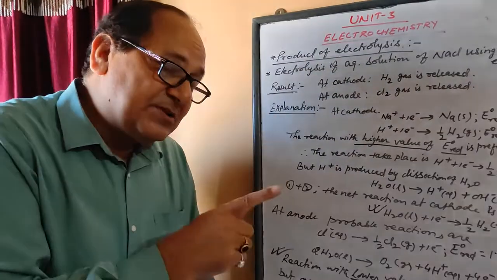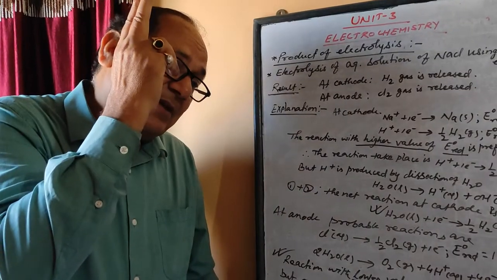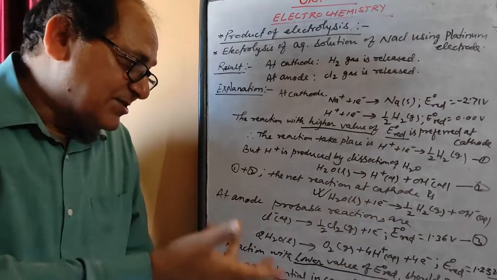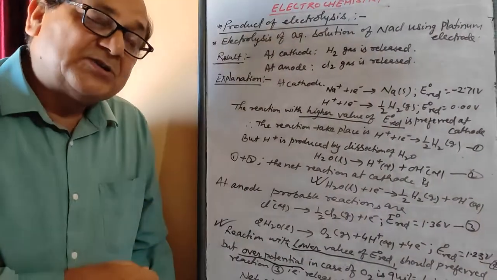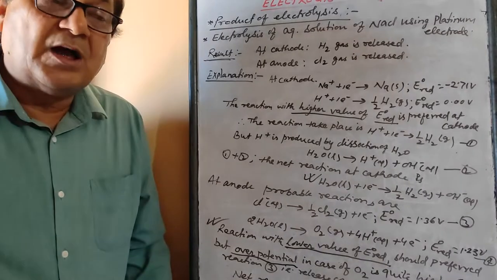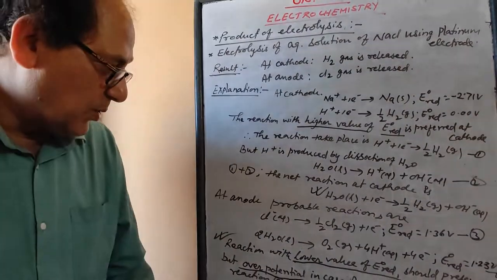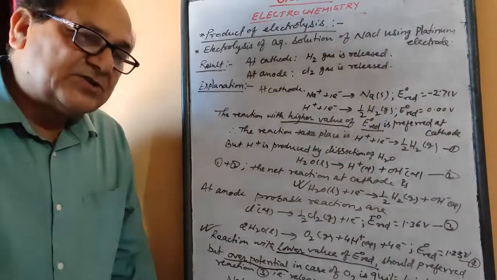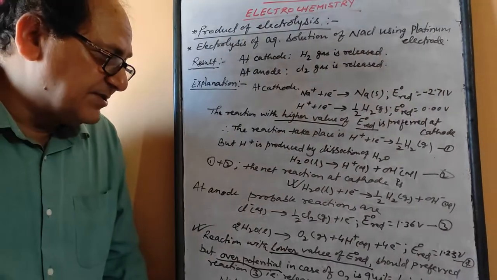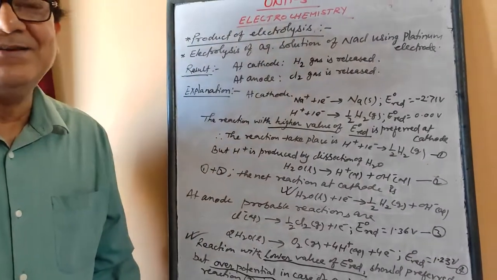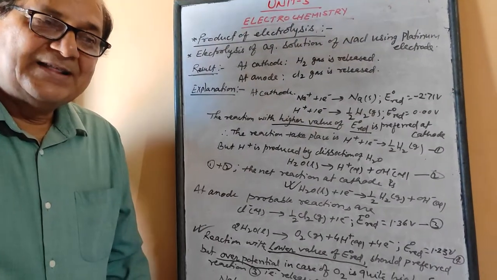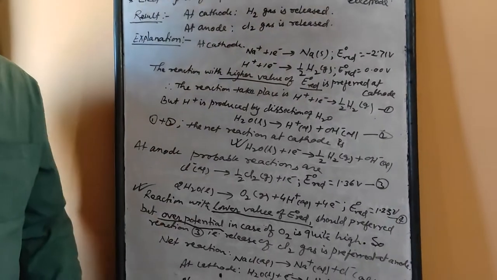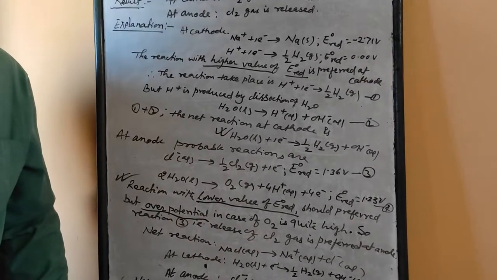So by electrolysis of a very dilute aqueous solution of NaCl using platinum electrode, O2 gas is released at anode, and by electrolysis of concentrated aqueous solution of NaCl, Cl2 gas is released at anode. That was the old concept. But the latest concept is the overpotential problem.